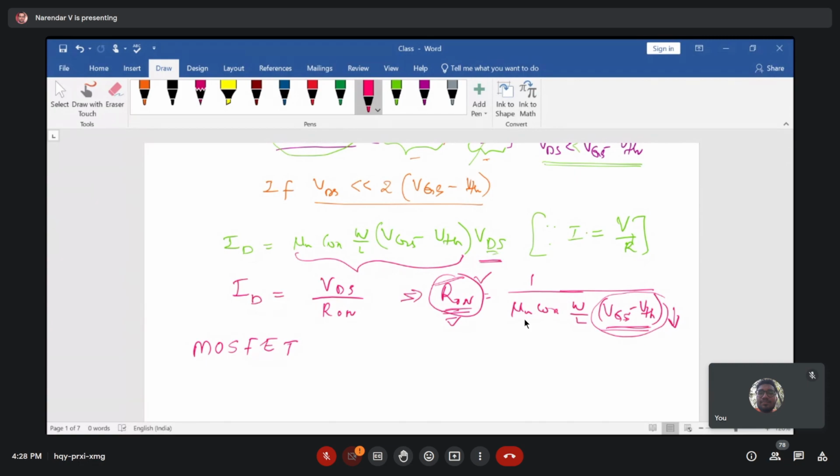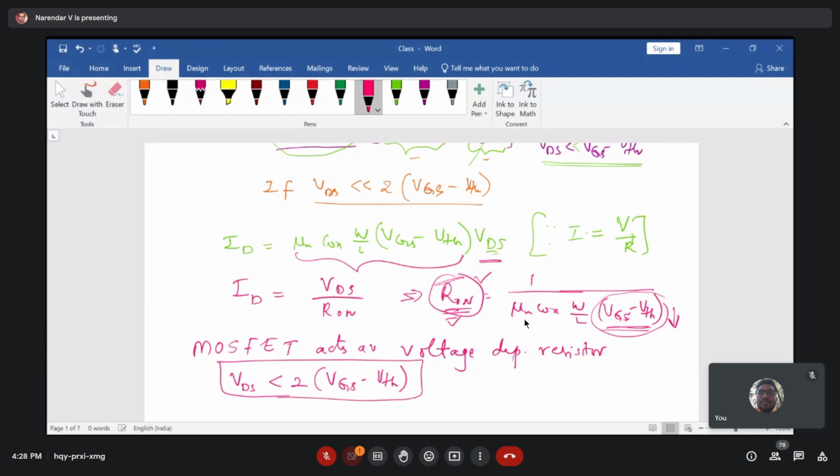So what you can write is that the MOSFET can act as a voltage dependent resistor or electronically tunable resistor for the condition where VDS is less than twice the VGS minus VTH value, then it acts as your variable resistor.